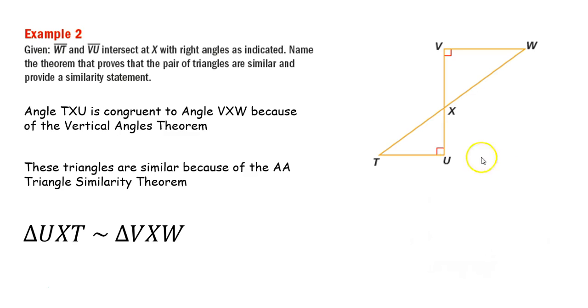So U corresponds to V, so U and V I'm putting first. Angle X corresponds to angle X, of course. And then angle T corresponds to W, T and W. So the similarity statement is triangle UXT is similar to triangle VXW.